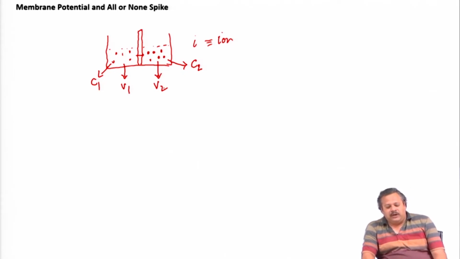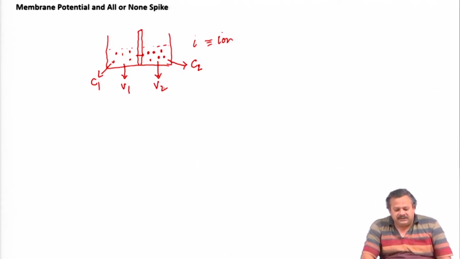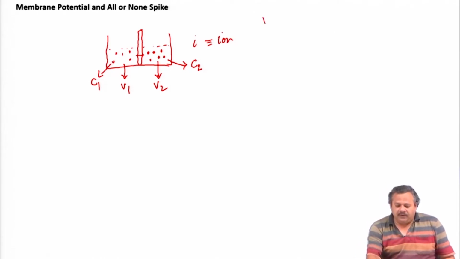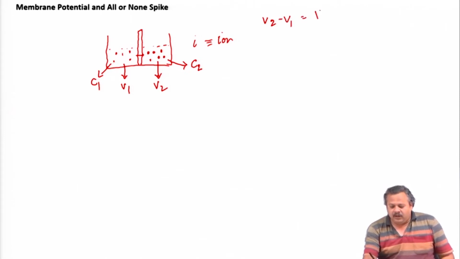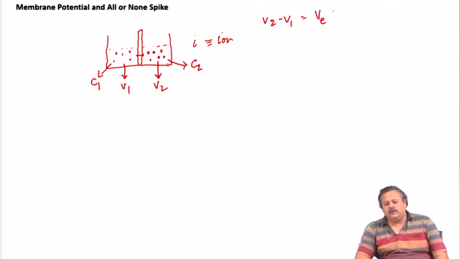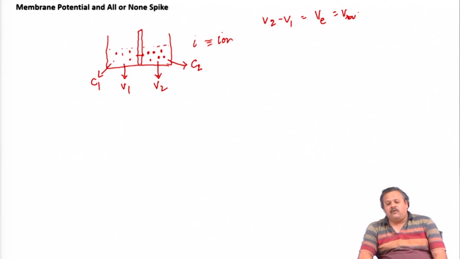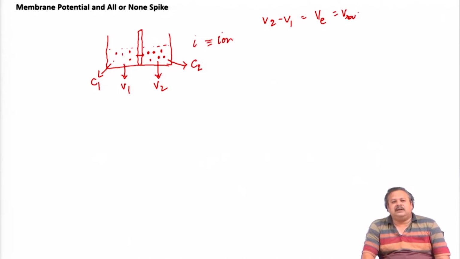So, if we let the ions sit in this aqueous medium, and the concentrations C1 and C2 are maintained, that is, they are large enough, ultimately when the potential difference V2 minus V1 is equal to a particular V equilibrium, or we will call it the reversal potential, V rev, for that particular ion, there will be no net current flow across the membrane.